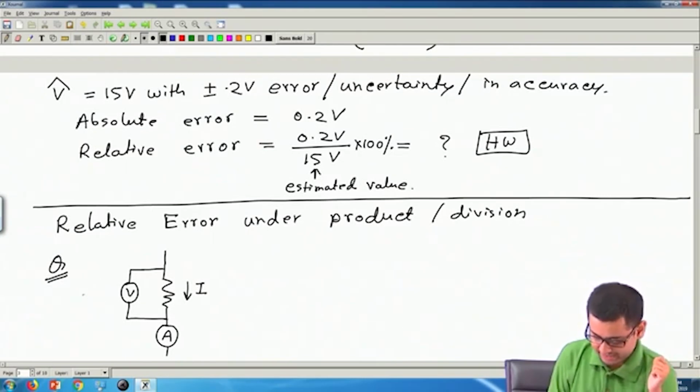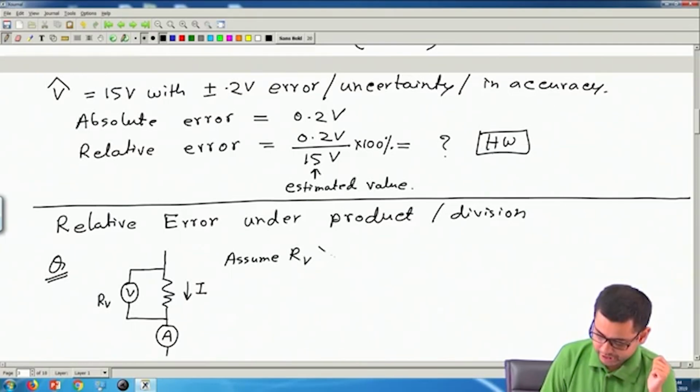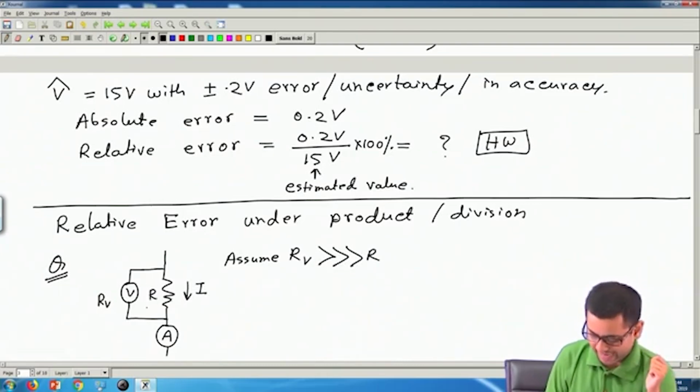Now, for simplicity, assume RV, voltmeter resistance, is very high compared to this resistance R. So this current is very small, you can ignore that for now, for this calculation.